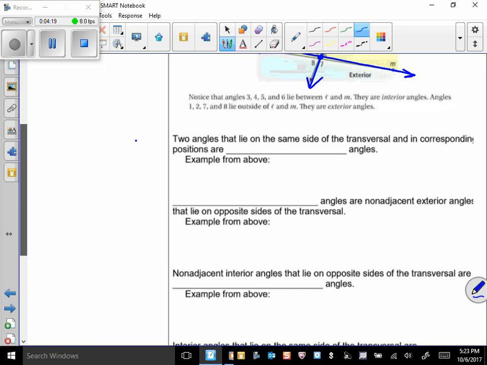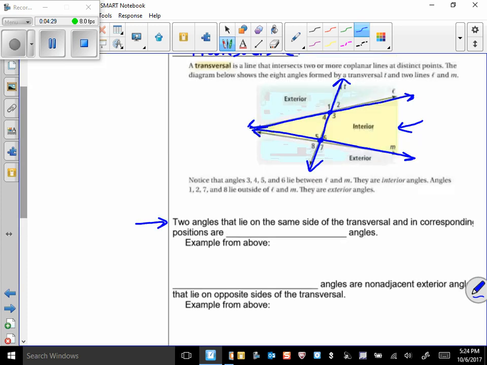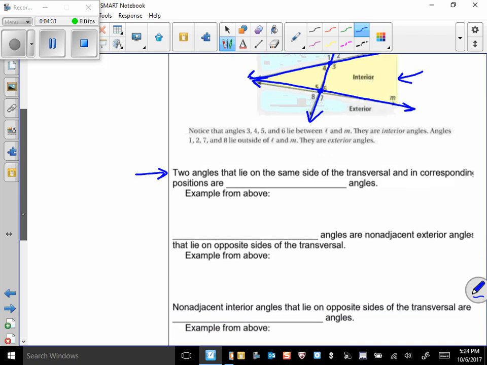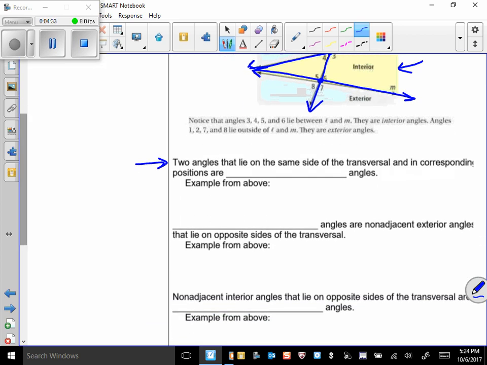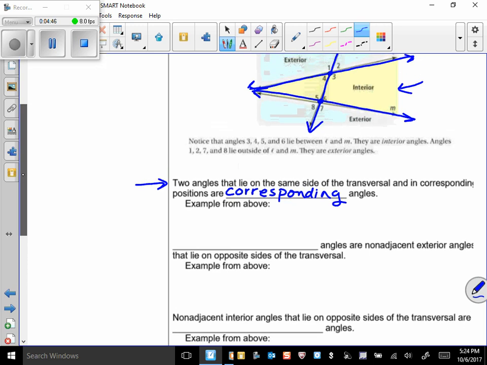The 2 angles that lie on the same side of the transversal and in corresponding positions are called corresponding angles, appropriately enough.